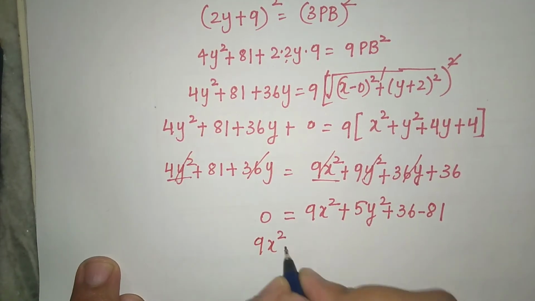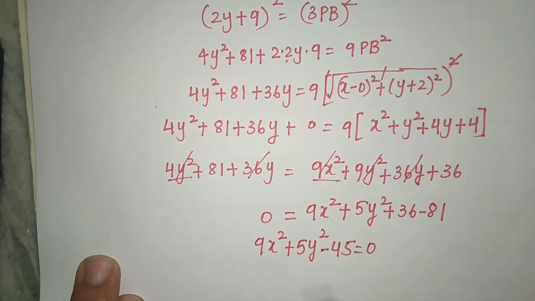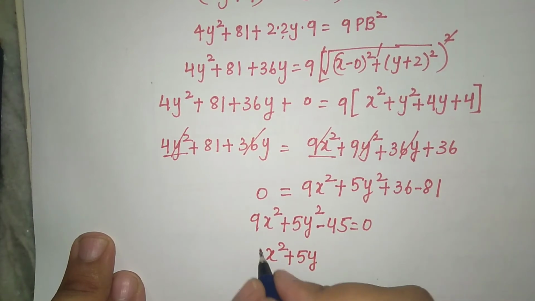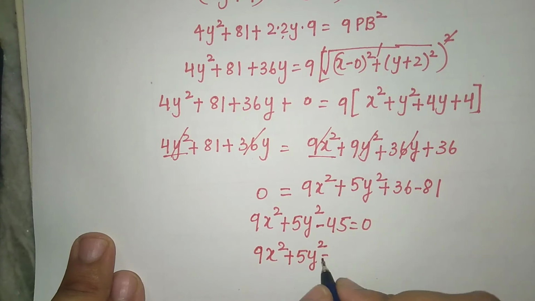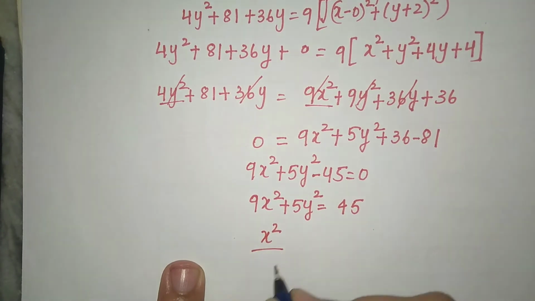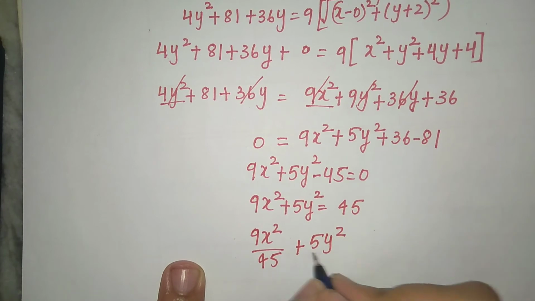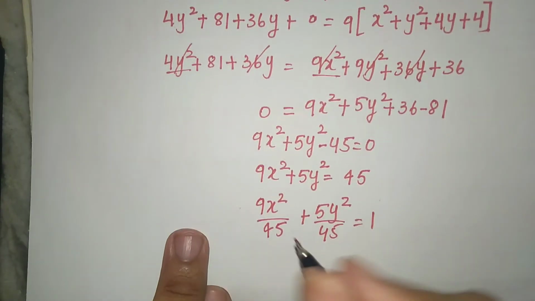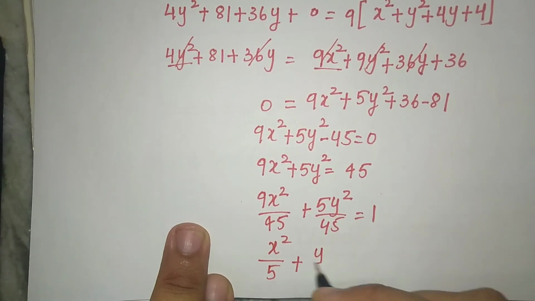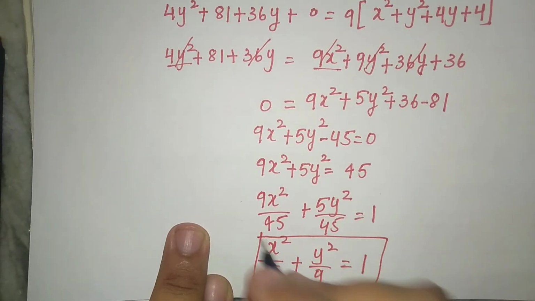So 9x square plus 5y square minus 45 is equal to 0. 9x square plus 5y square is equal to 45. You can simplify this still, 9 by 45 plus 5y square by 45, then it will be 1. You can cancel, then x square by 5 plus y square by 9 is equal to 1. Therefore this is the required equation of locus.